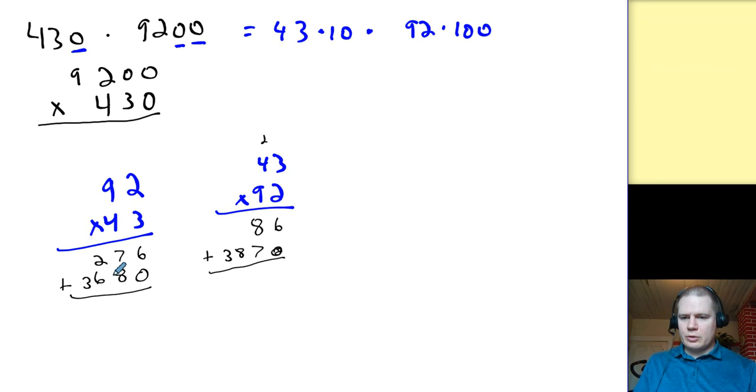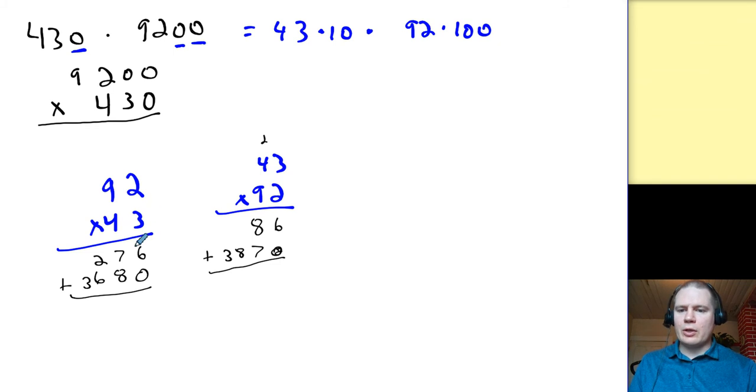Right, these don't really look so similar, but that's because I just added the four products up in a different order, right? 2 times 3, 2 times 40, 90 times 3, 90 times 40.